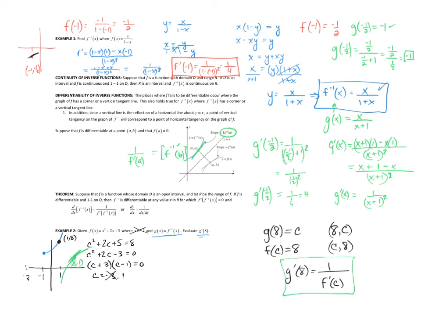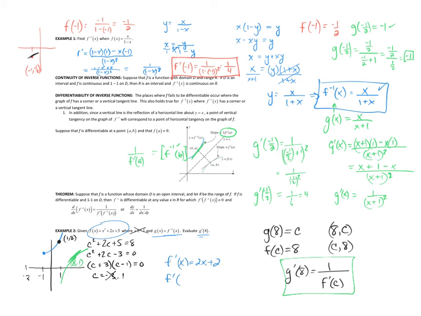What I need is to find out what f prime is, and f prime is easy enough. F prime of x is just 2x plus 2, just taking the derivative of this function. So f prime of 8, I lied. I don't want f prime of 8.